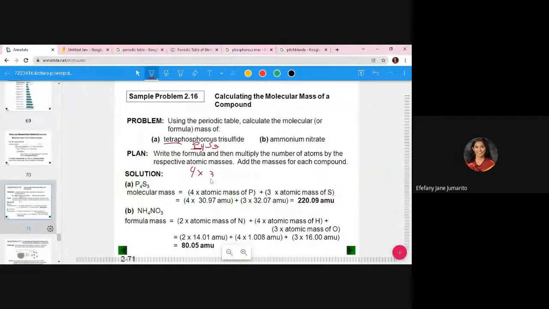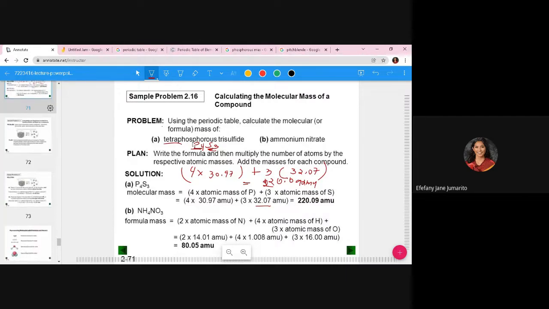Okay, plus 30.97. So i-plus na po nimo. Tulo ka sulfur. 3 times sulfur, 32. Okay. Grams or AMU, pwede. Pero pag i-identify gid na ko nga AMU po gamiton ninyo. Okay, so we have 220.